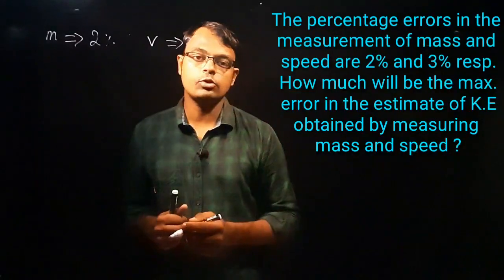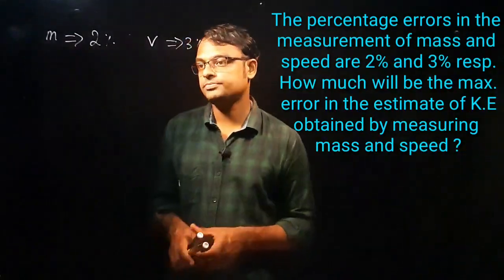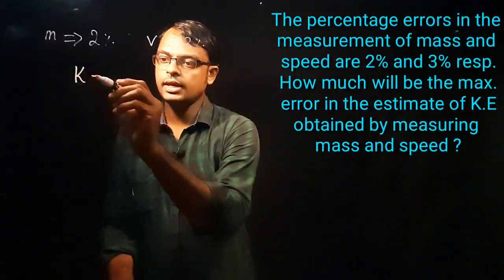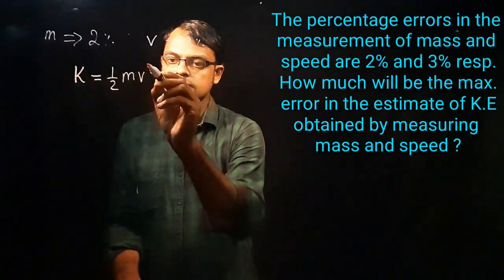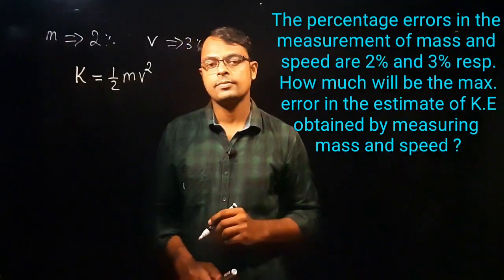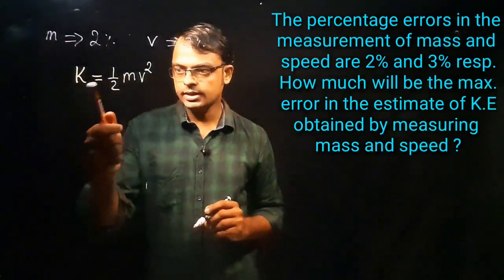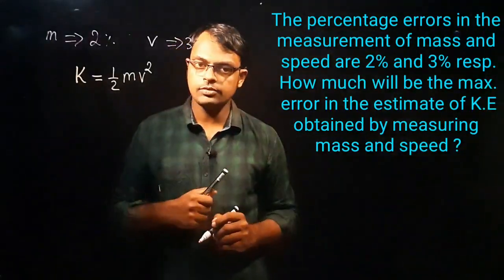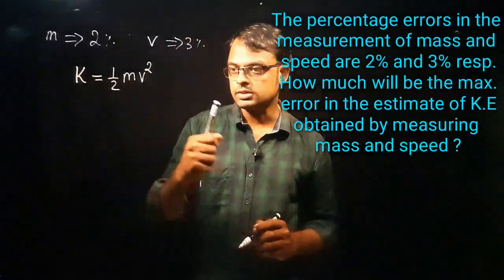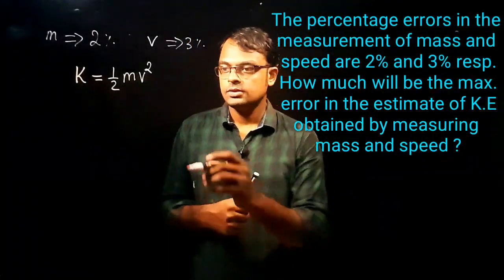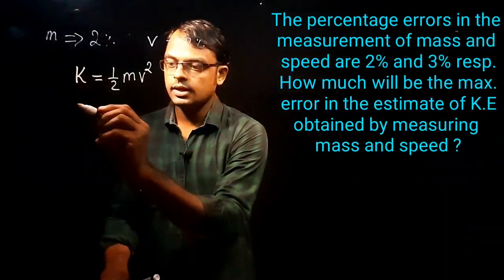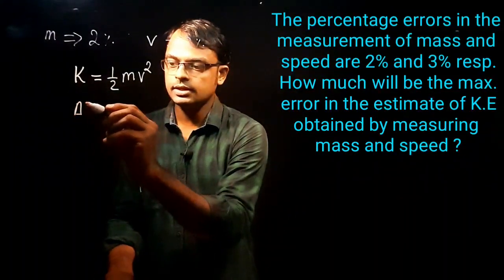So let's write the formula for kinetic energy. Kinetic energy K is equal to half into mv square. So in order to calculate the kinetic energy, which all physical quantity we are using? One is mass, other one is speed here. So what is the percentage error in kinetic energy?